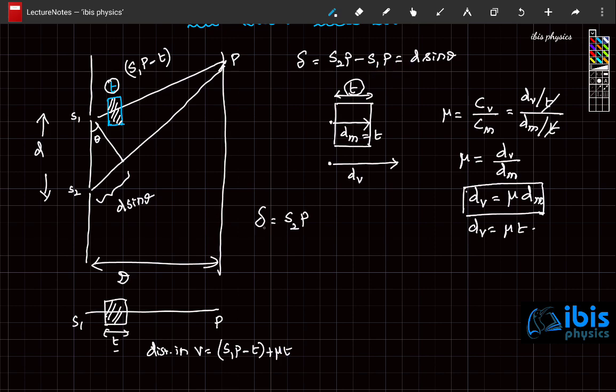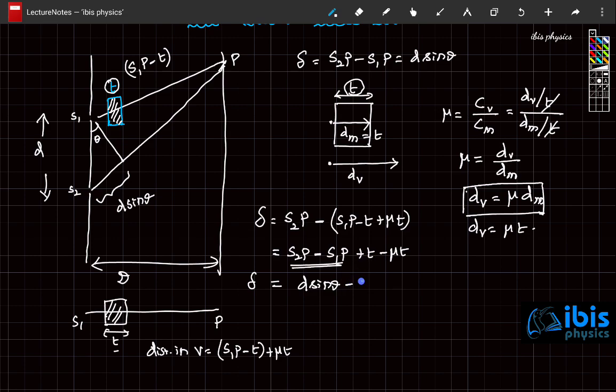So the actual path difference after introducing the glass plate is S2P minus of S1P minus T plus mu T. So S2P minus S1P plus T minus mu T. S2P minus S1P, we already know, is d sine theta.